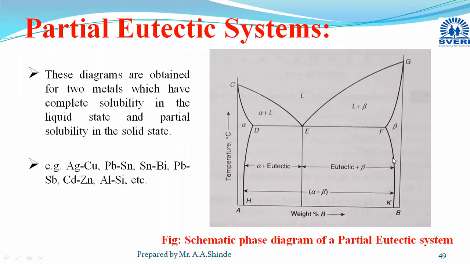Then this KF is the solvus line, and it indicates the solubility of element A in B at various temperatures. This KF and HD indicate the solubility of A in B and B in A at different temperatures. I will repeat it again.